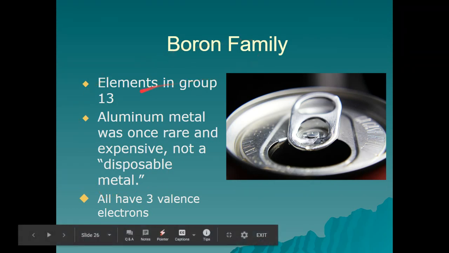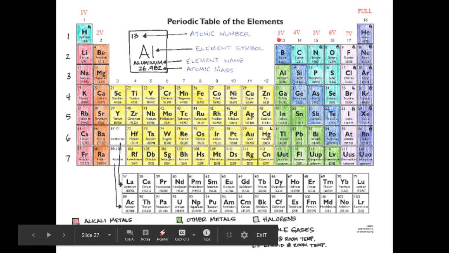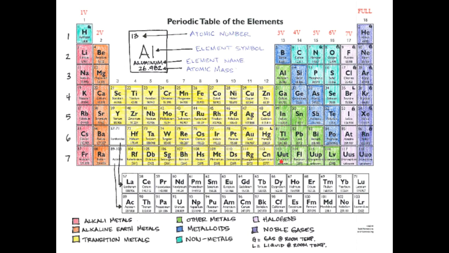Everybody in the boron family or group 13 has 3 valence electrons, right? So if we take a look over here, this is the boron family right here, okay? And in the boron family, because boron is right here, which is group 13, all have 3 valence electrons.